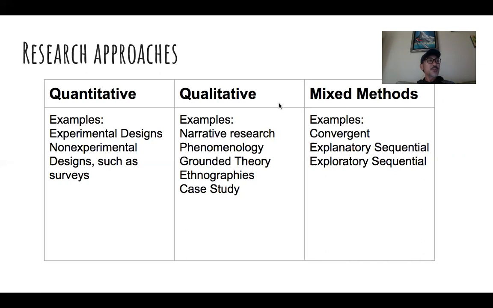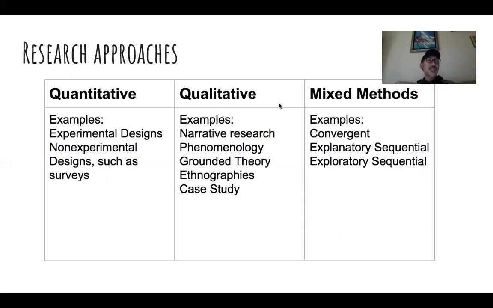There are also multiple ways to conduct qualitative research, and you'll see there some examples of narrative research, phenomenology, grounded theory, ethnographies, and case studies. You may have encountered this in your own past work. One example is narrative research, which I think a lot of students really gravitate to and resonate with because it really revolves around the gathering of stories, the stories and the narratives from people themselves.